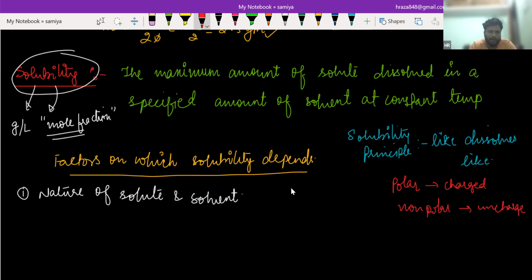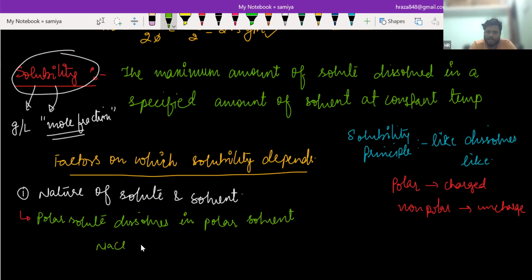So I'm going to write a very small point here. Polar solute dissolves in polar solvent. Like NaCl dissolves in H2O.